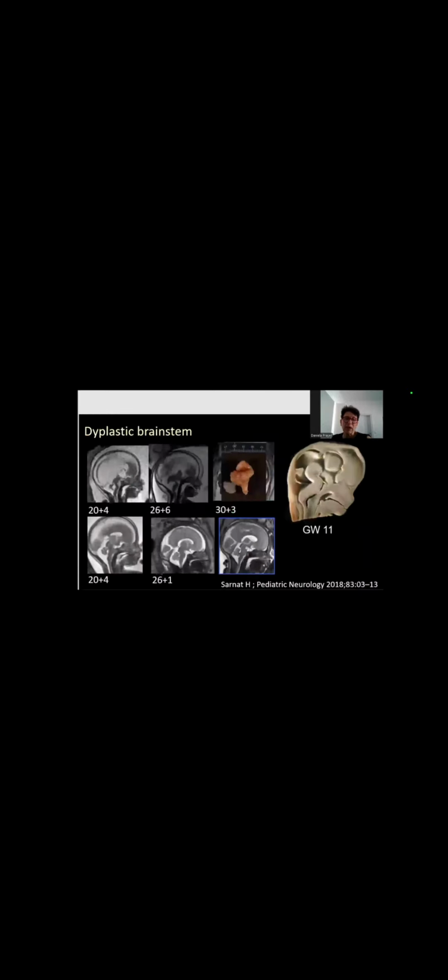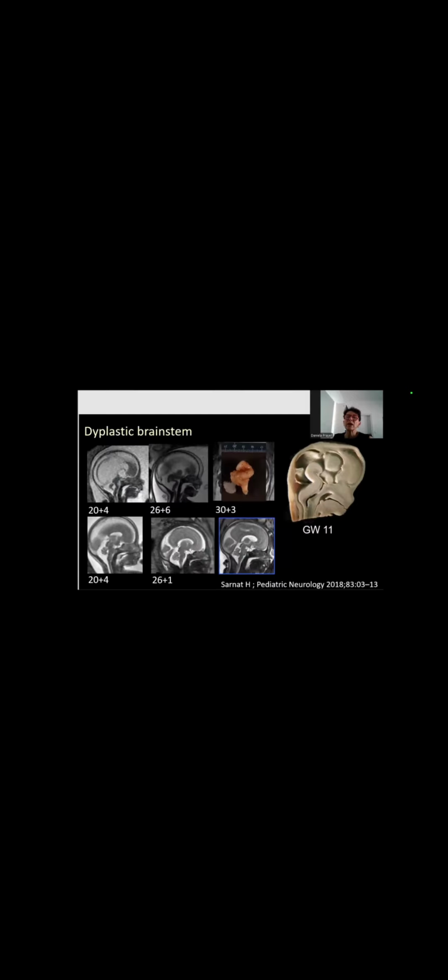And another example would be this. We perform 3D volumetry of the ganglionic eminences and have reference values. And you can see in the lower row, these ganglionic eminences are too small because this is a gene mutation associated with mitochondriopathy.